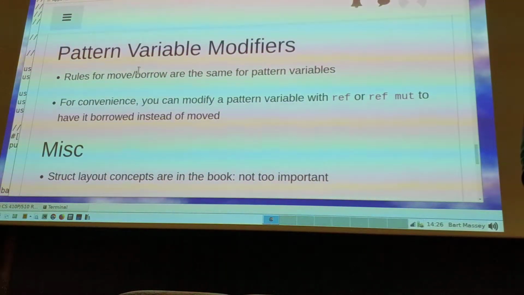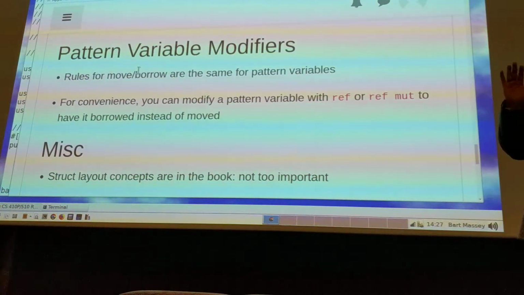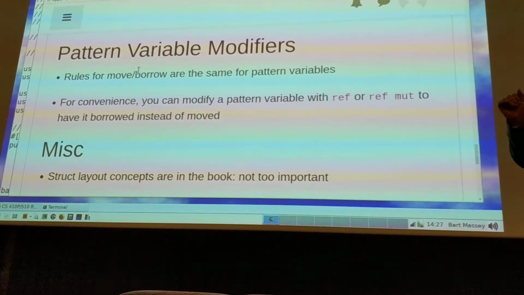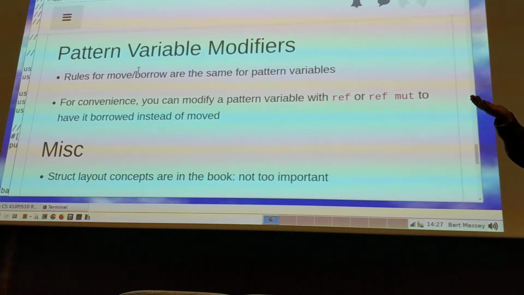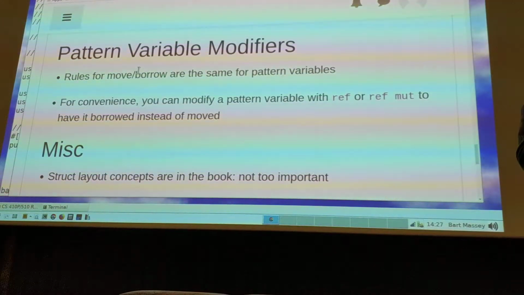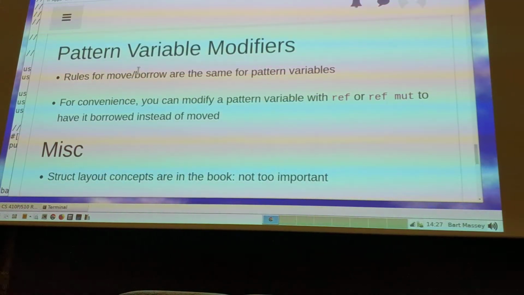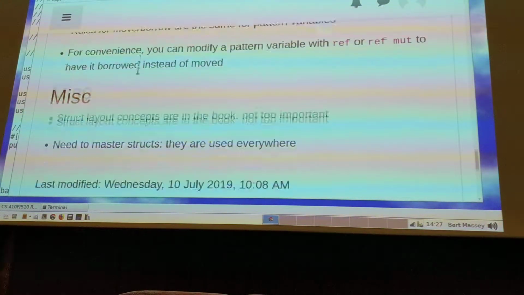You can also use ref to say, no, I don't really want the thing itself, I want the pattern to refer to the address, the reference to the thing. So it's a way to get an address into a pattern sort of in a fun way. There again, you don't use it that much, but it does come up.